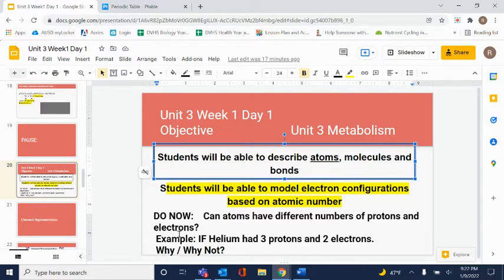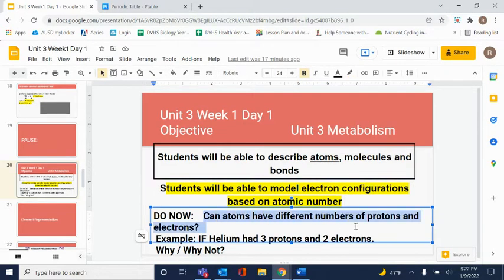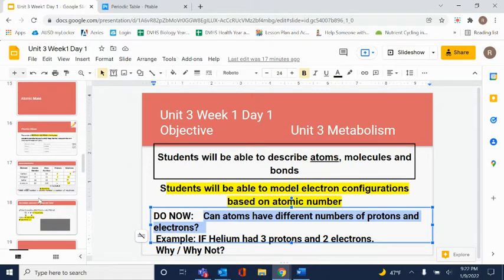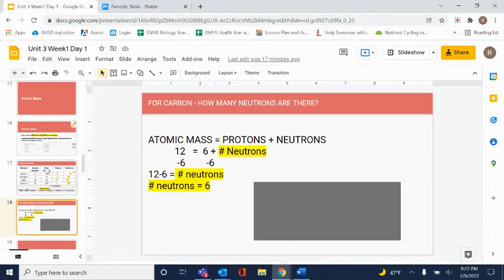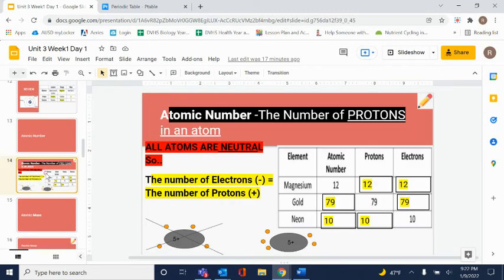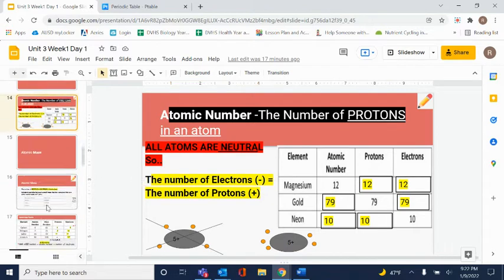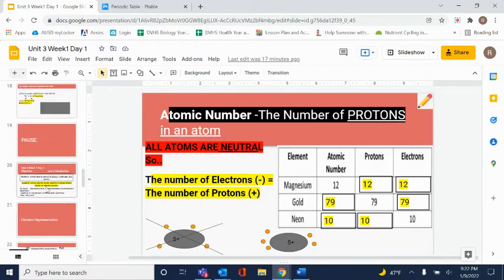Thinking back on some of the rules that we learned last class or in the last video, can atoms have different numbers of protons and electrons? Pause the video there and figure that out. I would look at your notes for atomic number and the rule about atoms being neutral.